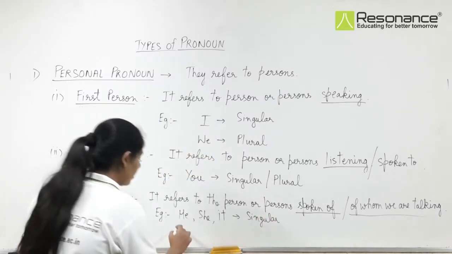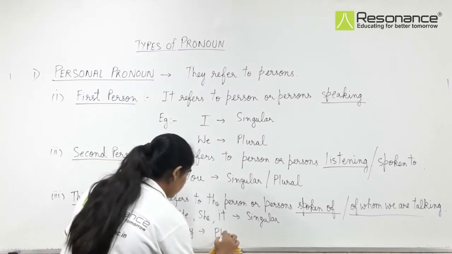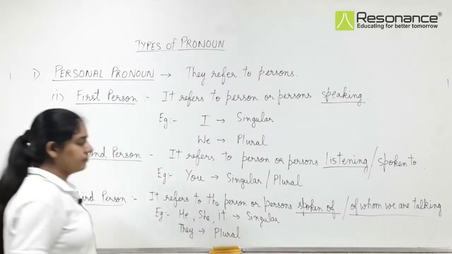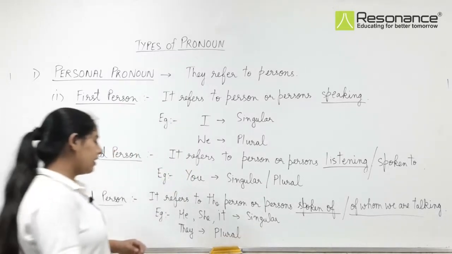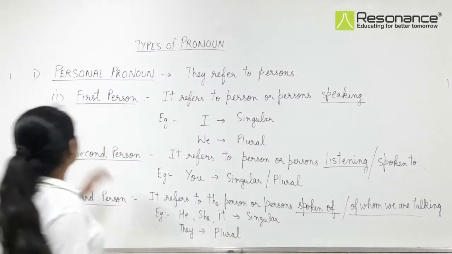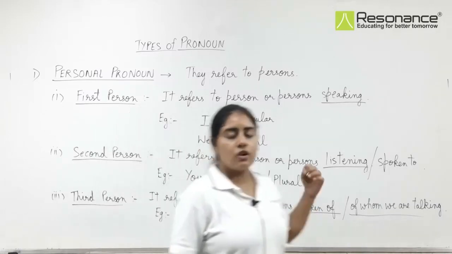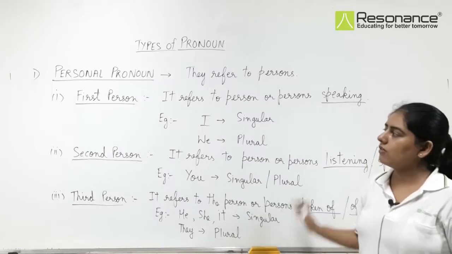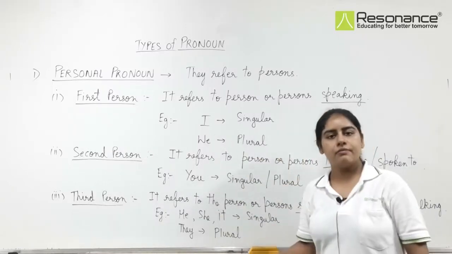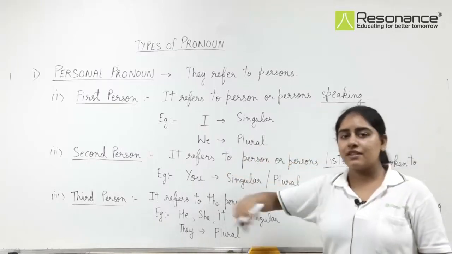And they is used for plural third person. Okay, so here we complete personal pronoun. This is very easy and the most important topic of this chapter, because the entire pronoun will revolve on this concept. If you have not understood this, then it will become difficult for you to understand the rules of the pronoun.